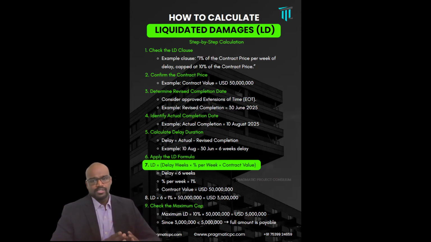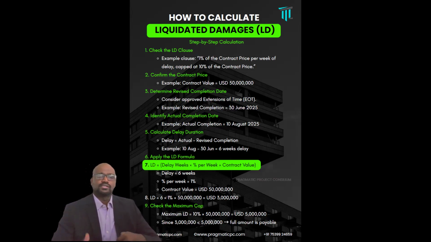So check the maximum cap. If this 3 million is going beyond the maximum cap or below the maximum cap, the maximum cap is 10%, which we discussed from the liquidated damages clause, which says that it is 10% of the contract value. That means till 10 weeks, it will be 1% per week.